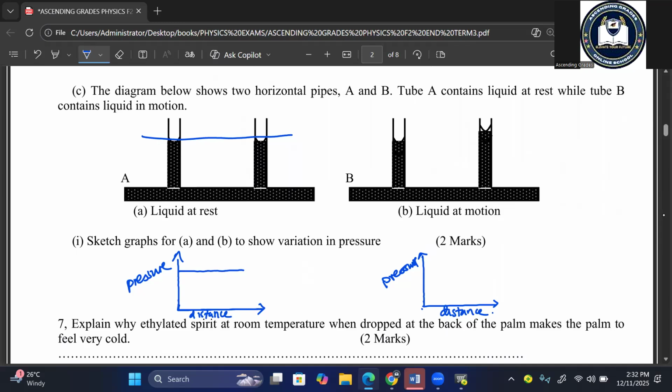It's like we are being asked about the atmospheric pressure because we cannot see the direction of the motion of the fluid. If you see that this one is rising above, then it means that the pressure here is being reduced. So from the original pressure when it was at rest, the pressure will be reducing like that.